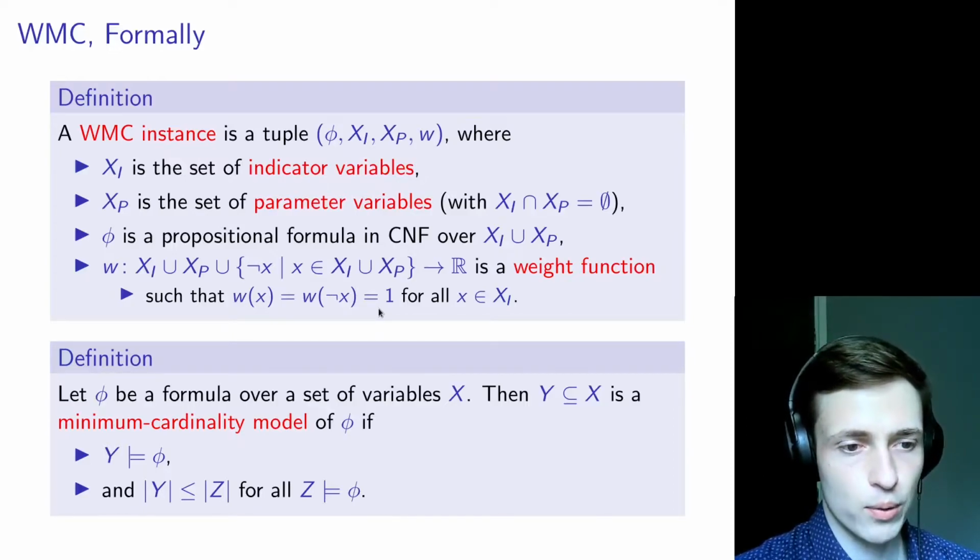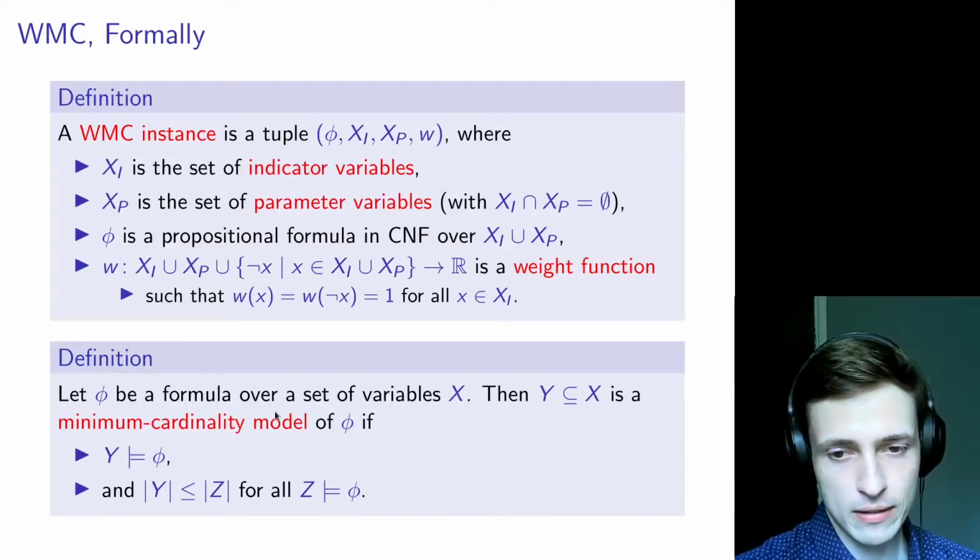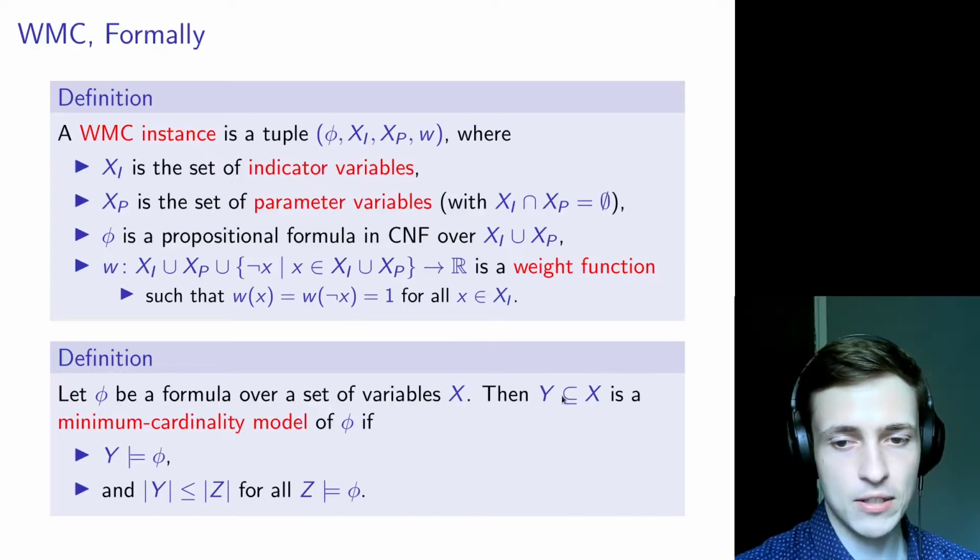Another definition we will need is that of minimum cardinality model. So in this case, we can consider each model or variable assignment as a subset of variables, and then cardinality refers to the cardinality of the set.